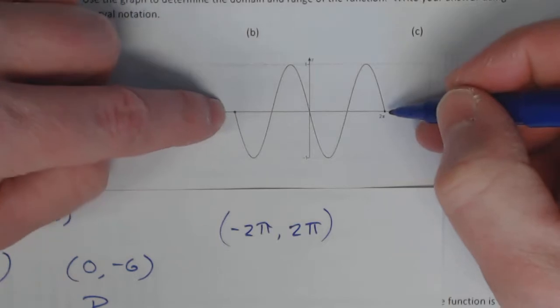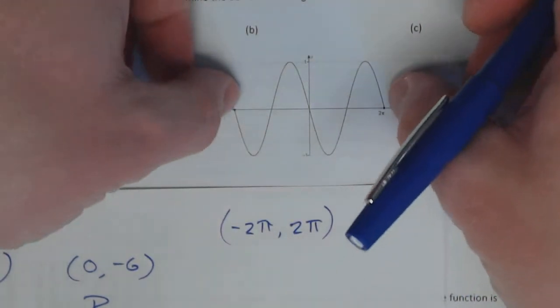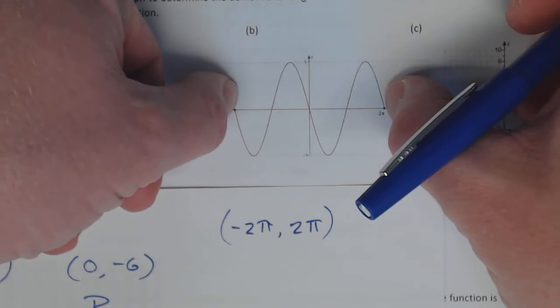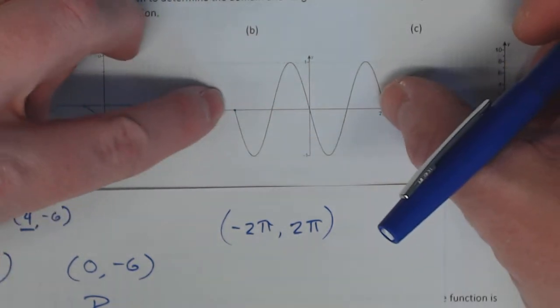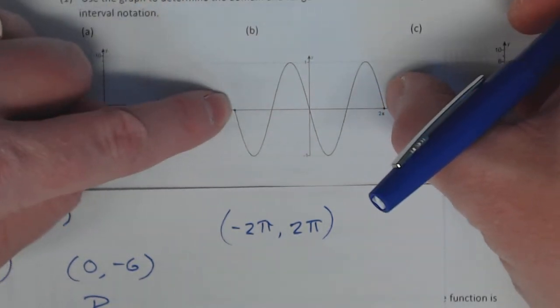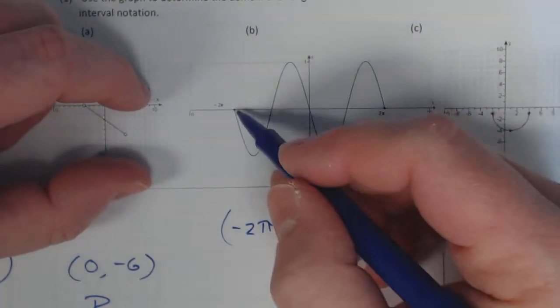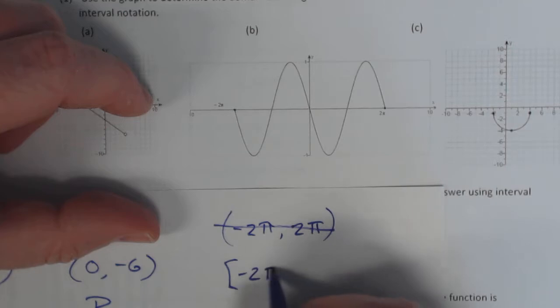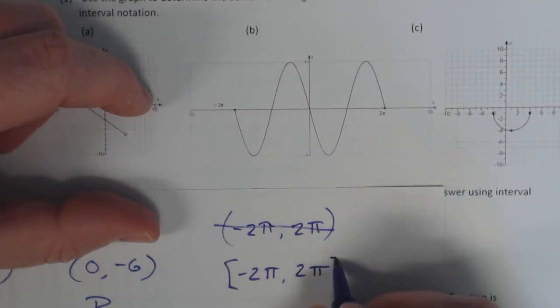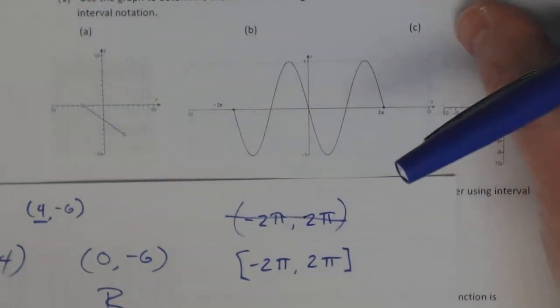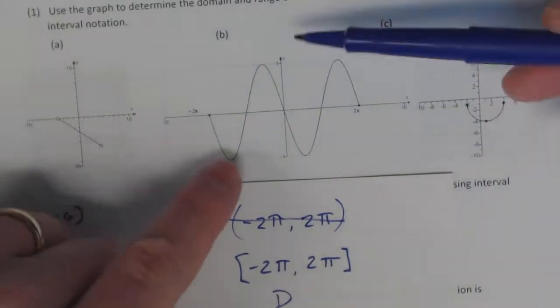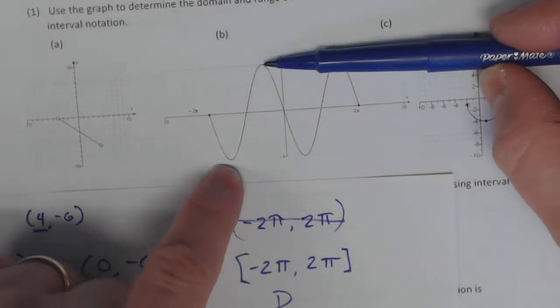What's the domain? The other way I try to teach this in class is how wide is the function? How wide is that graph? So the width of it is from -2 pi to 2 pi. Now, those are closed dots, so I don't need parentheses, I need square brackets. And then, that's the domain. So what's the range? Well, another way of looking at range is how tall is the graph?